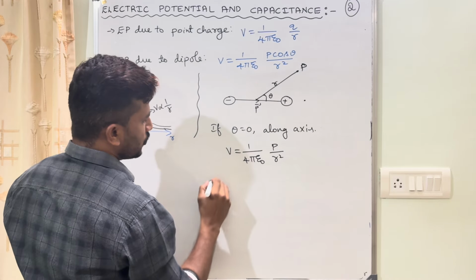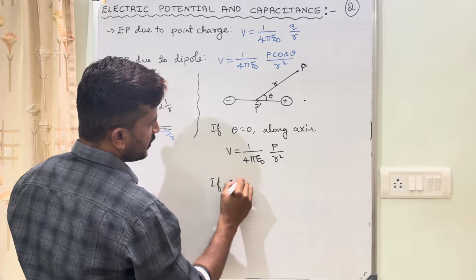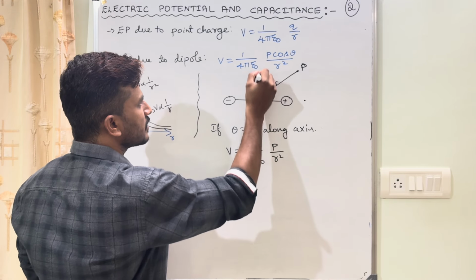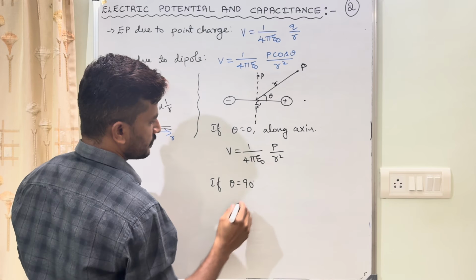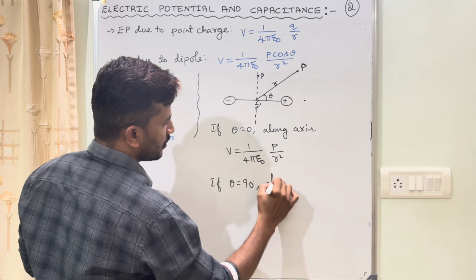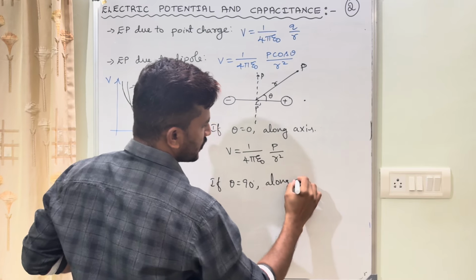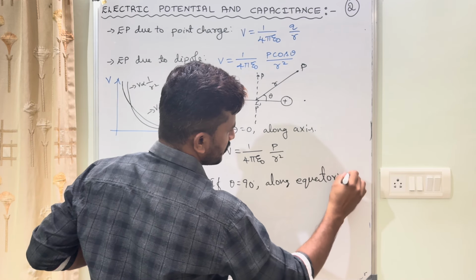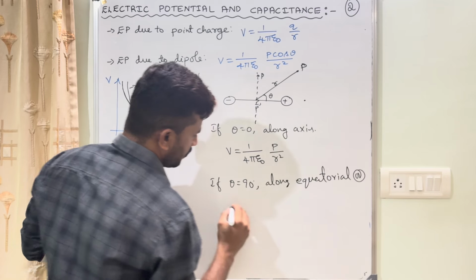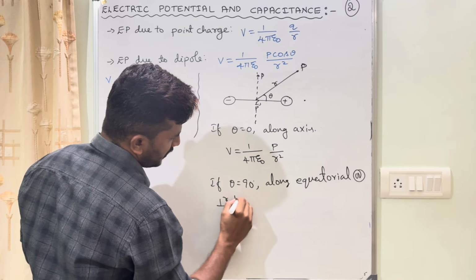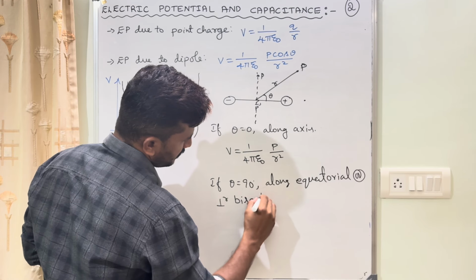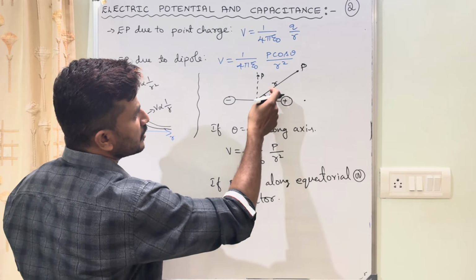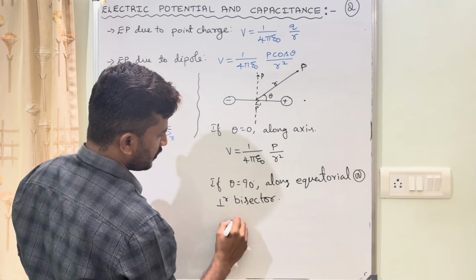So along the equatorial, that is, if theta is equal to 90 degree, anywhere along the equatorial plane or equatorial line, or perpendicular bisector, cos 90 degree is how much? 0. So we will get 0.